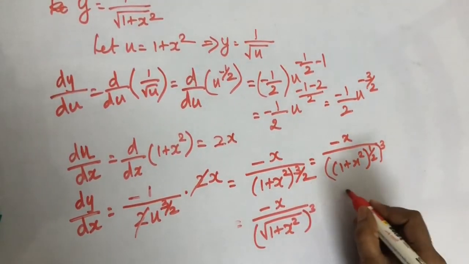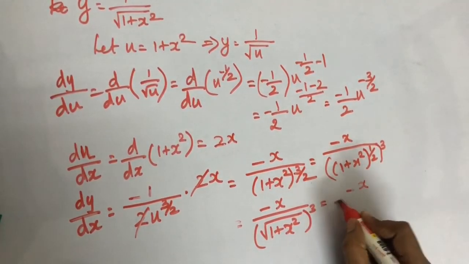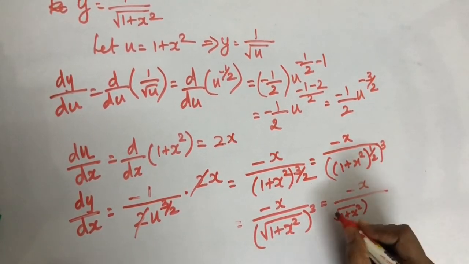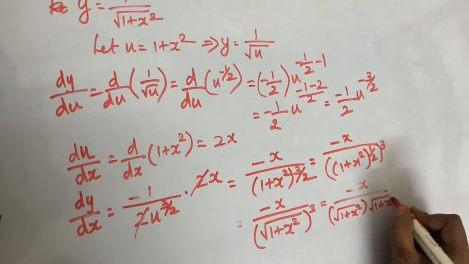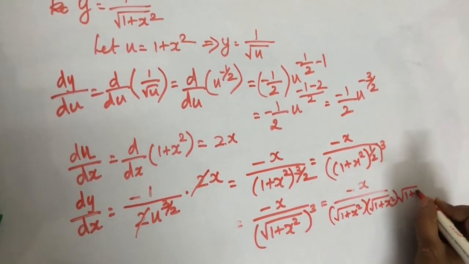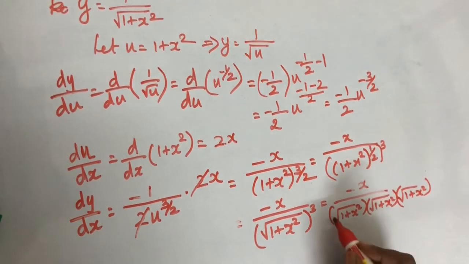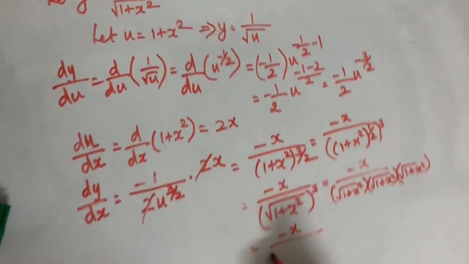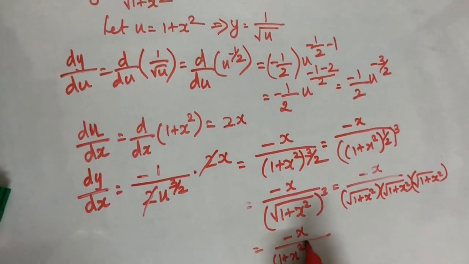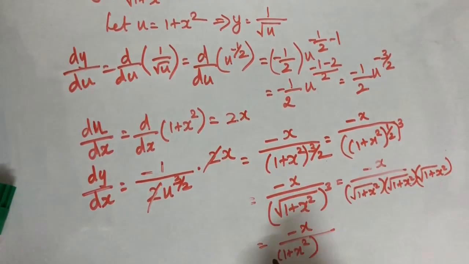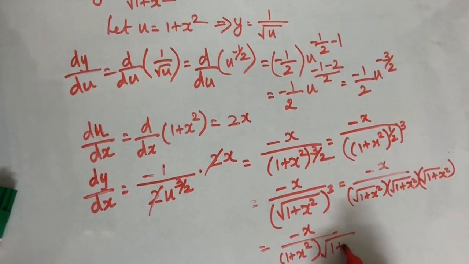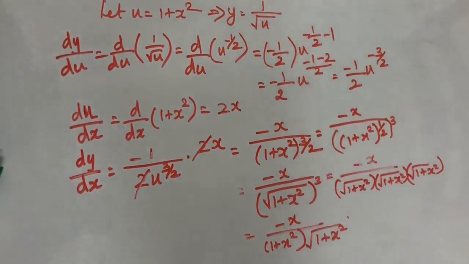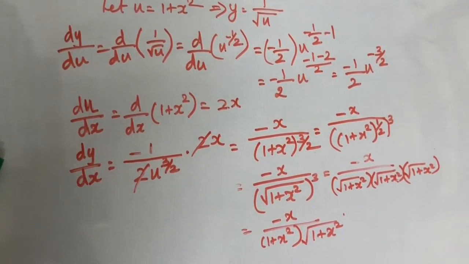So, it is minus x divided by square root of 1 plus x square into square root of 1 plus x square into square root of 1 plus x square. That is the meaning, isn't it? So, multiplying two of these, I get 1 plus x square into square root of 1 plus x square. So, minus x divided by 1 plus x square into square root of 1 plus x square is the differentiation of 1 divided by square root of 1 plus x square.